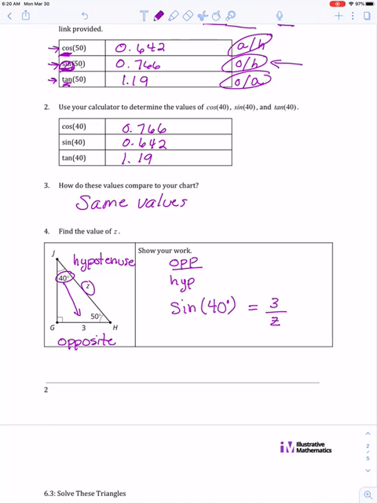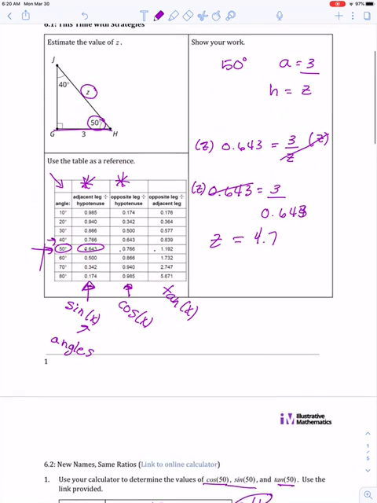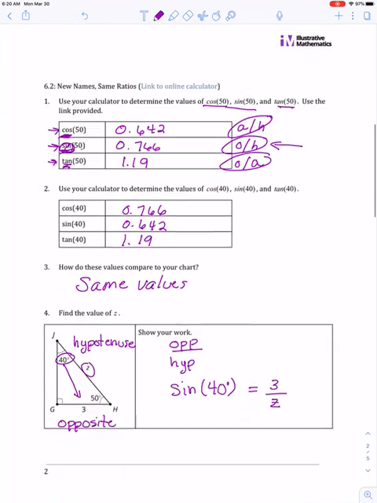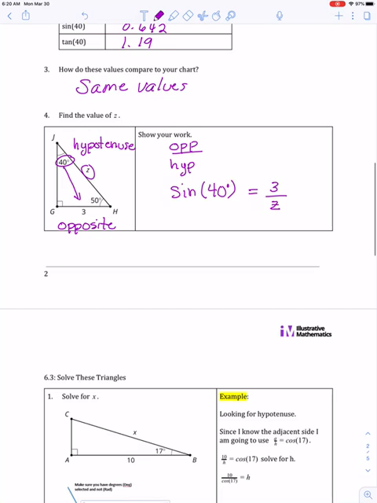And so remember what we learned and what we talked about before the break. If your variable's on the bottom, then you can just flip-flop these two, okay? Which is what we ended up with here. So what I'm going to say is Z equals 3 over sine 40 degrees. And then we can type that straight in the calculator.